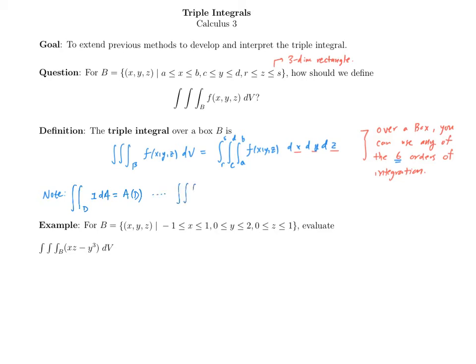If we are evaluating the triple integral over some solid, and we integrate the function 1, note notationally the dV is referring in a sense to a small piece of volume, and E is a solid. What we would get back is the volume of the solid E.